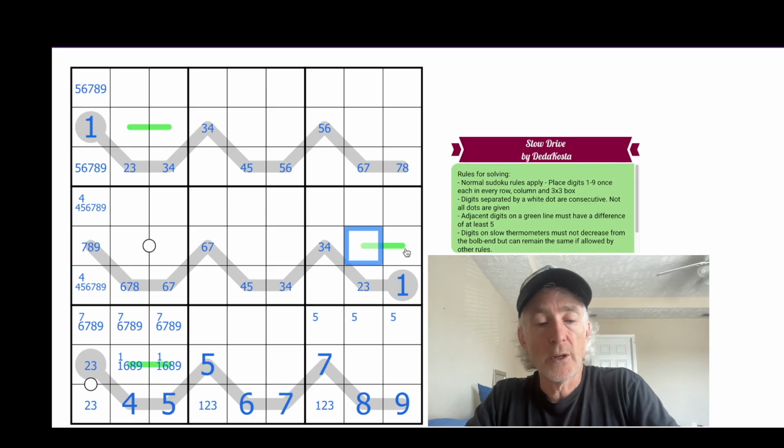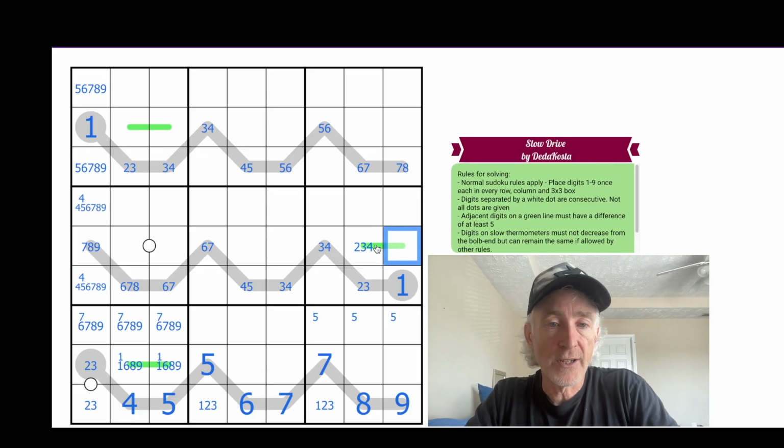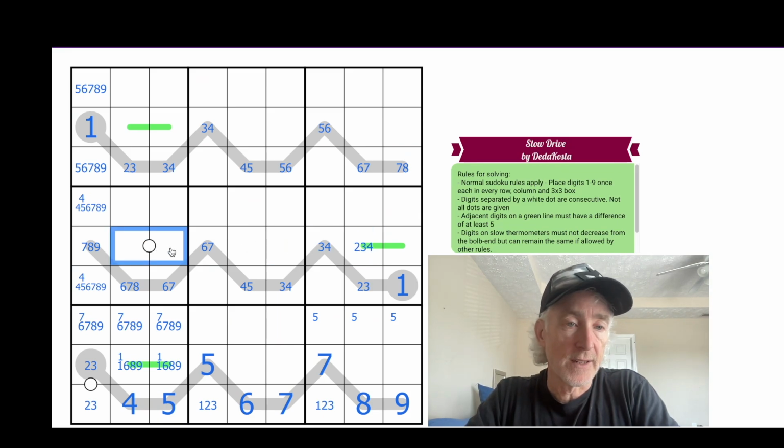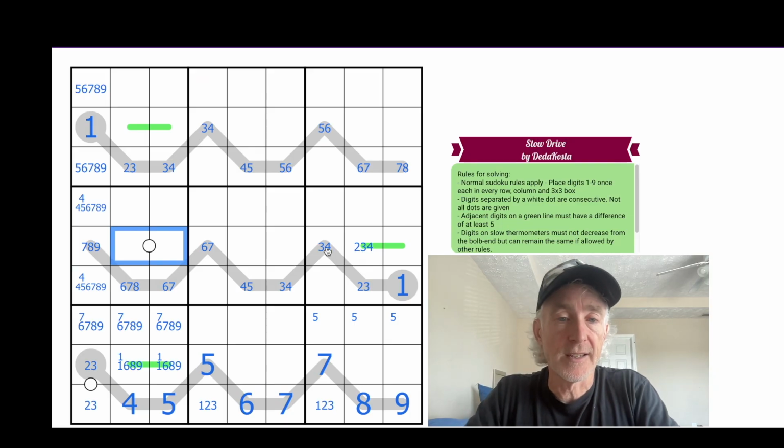Because remember we said one of these cells is 2, 3, 4. It could be this one or this one, but it doesn't really matter. If this was a 2, 3, we would have 2, 3, and 4 as the only options for 4 different cells. So we wouldn't have enough digits to fill these cells.